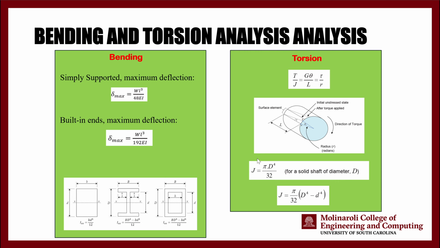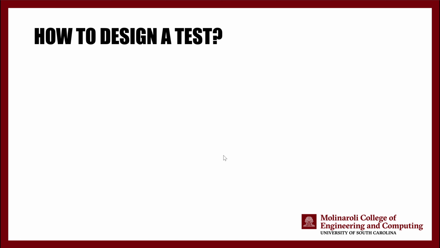This is the equation for the regular rod, and this is the equation for the hollow rod. This is the diameter of the rod, the outer diameter of the rod. This is the inner diameter of the rod. Just calculate the polar moment of inertia, put it inside this equation, and you just have to measure the angle of twist, and you can do the analysis.